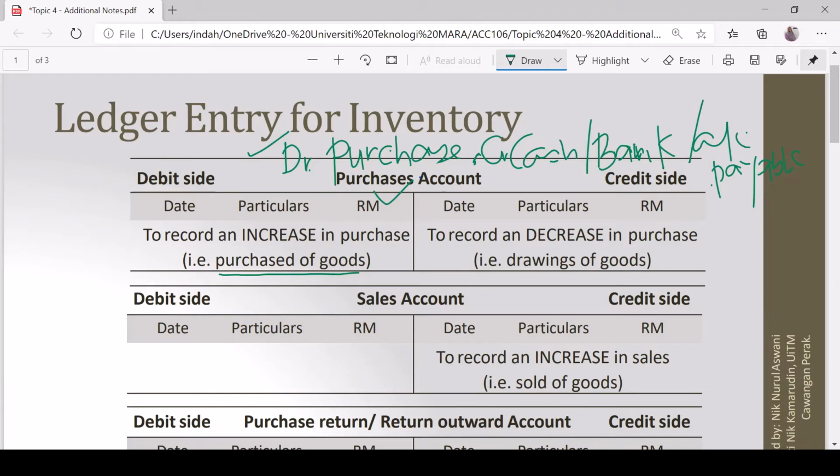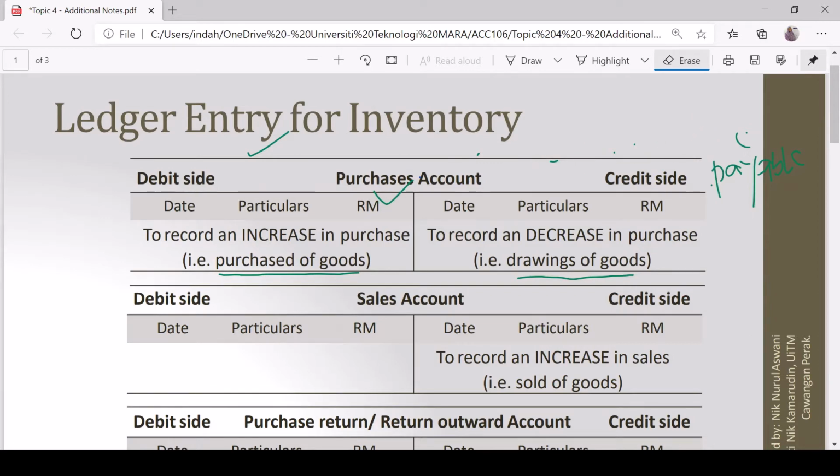Why do we have a decrease in purchase? Because of drawing of goods by the owner. So how do we prepare the journal entry when there is a drawing by the owner? Let's say, for example, the owner took goods for personal use.